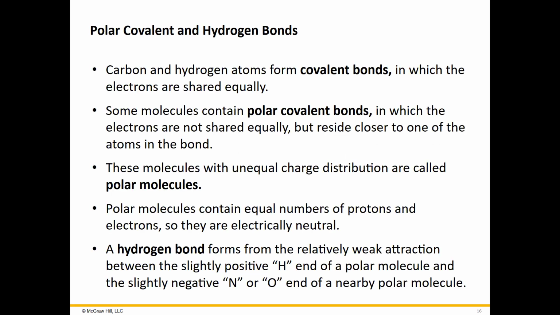Now, it gets a little tricky with covalent because there's 2 special types of covalent bond, polar and nonpolar. I do not need you to know how to calculate whether or not a bond that forms covalently is polar or nonpolar. All I care that you know is that a polar covalent bond is going to share electrons unequally.